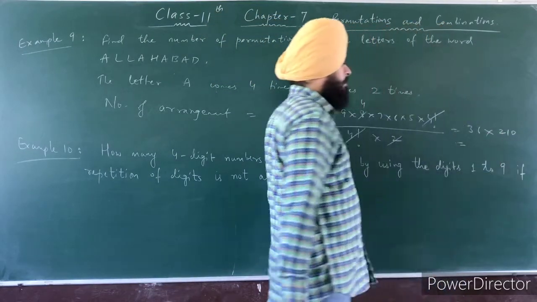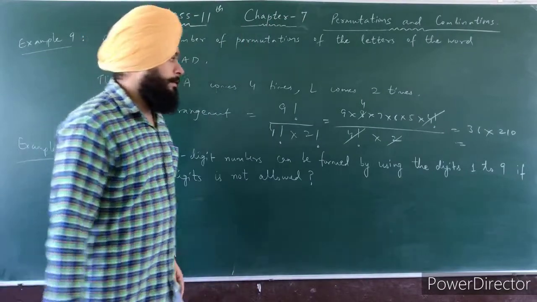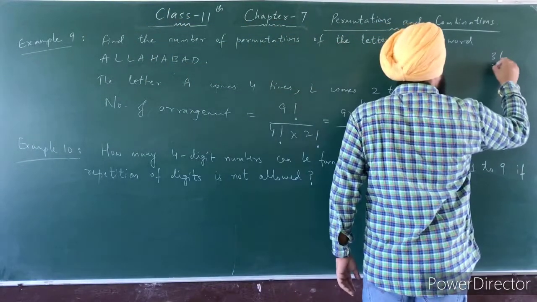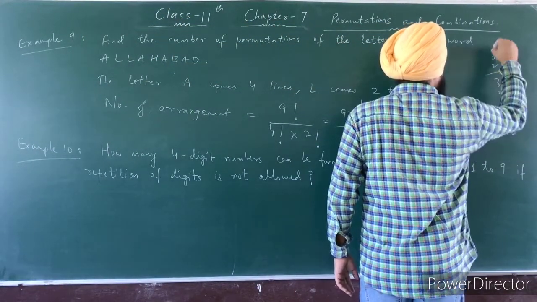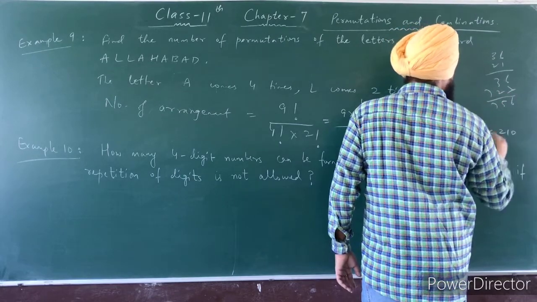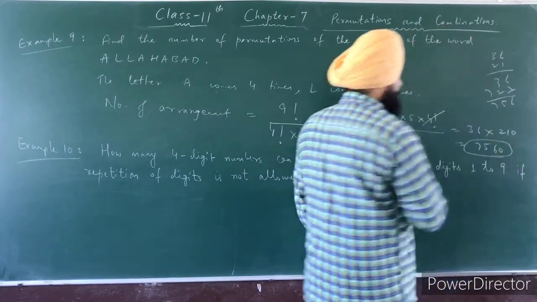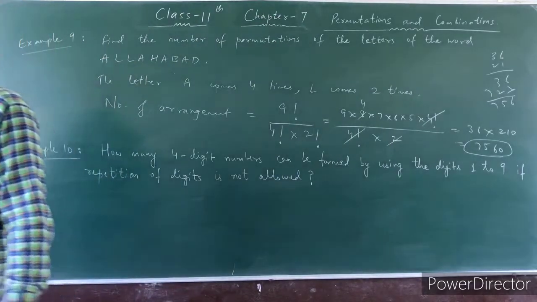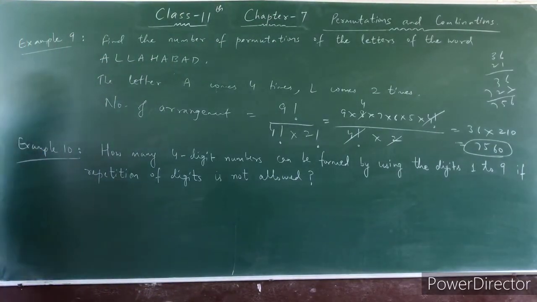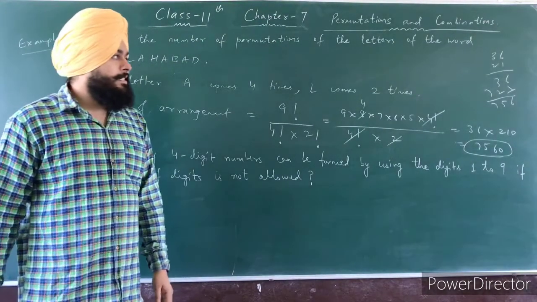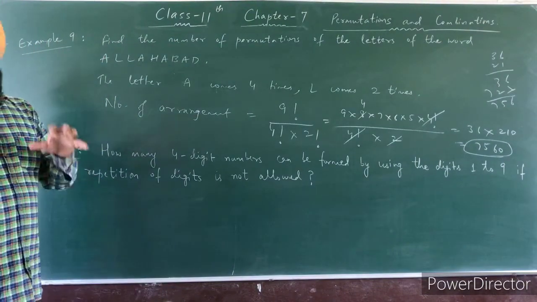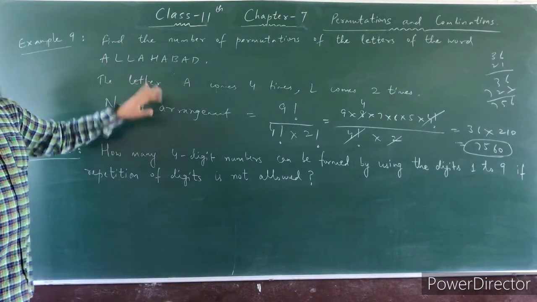Now multiply this 36 and 210. We get 7,560. It means there are total 7,560 words formed with Allahabad.